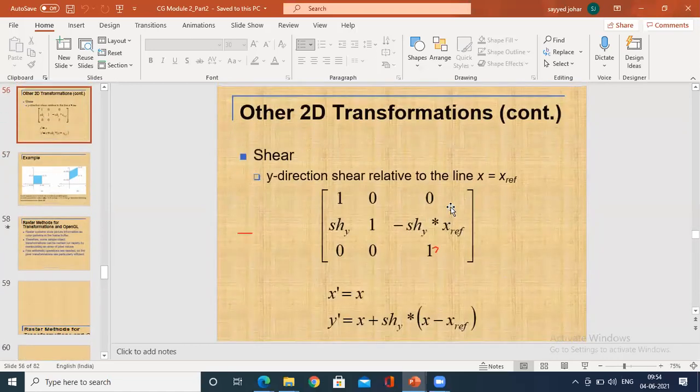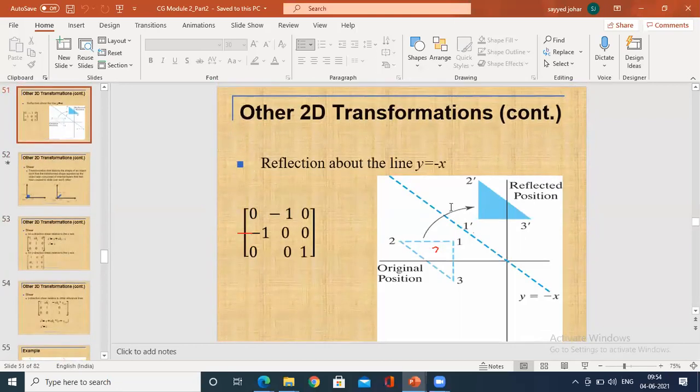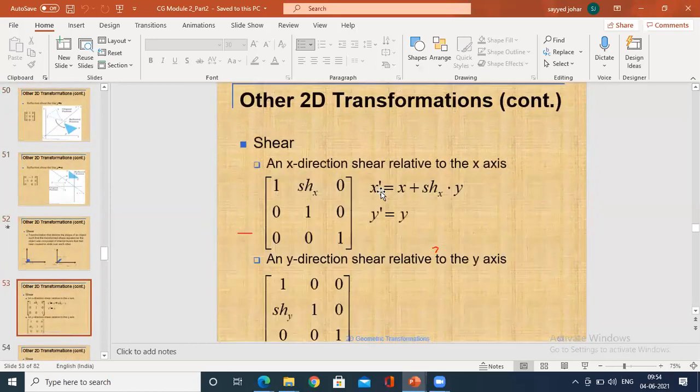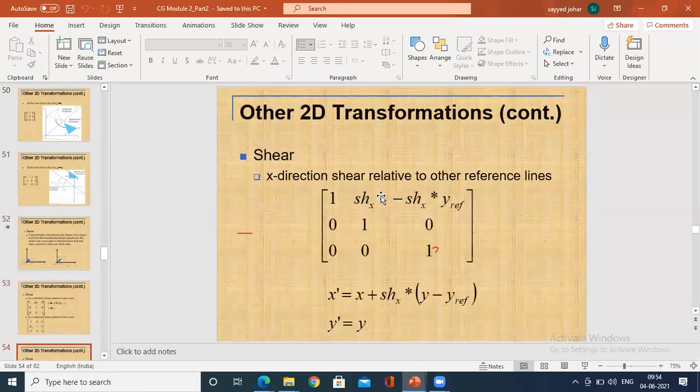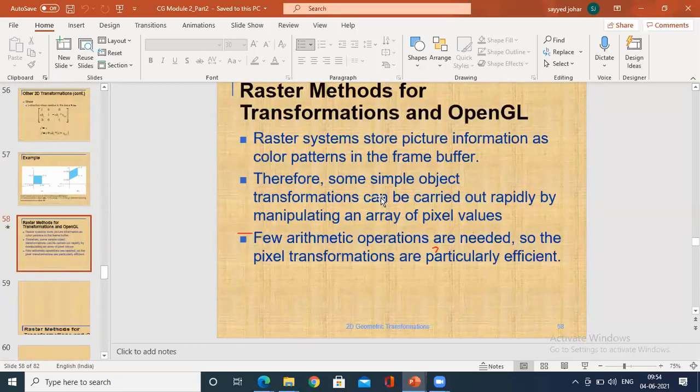Shear has been left out, and how do you write a shear matrix? This I have to complete along with the Cohen-Sutherland, right? What is reflection? Shear along the x-axis and shear along the y-axis, I have to complete. Another concept is the raster method for transformation and OpenGL.